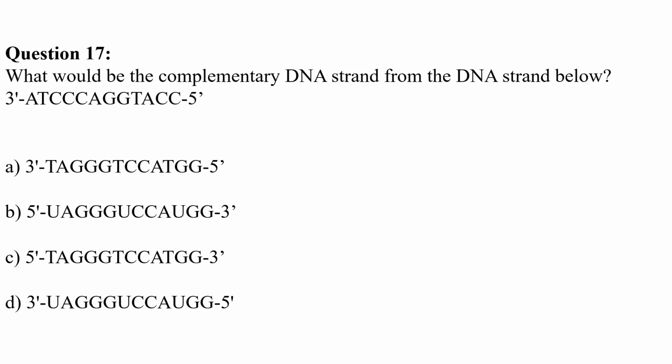Option C. Both of you are saying option C. So let's see. Now you have to again take care of the direction. I'll write 5 prime, then I'll write T, A, G, G, G, then opposite to A we'll get T, then opposite to G we'll have C, C, then opposite to T we'll have A, then A will have T, C will have G, and then G, and then this will be 3 prime.